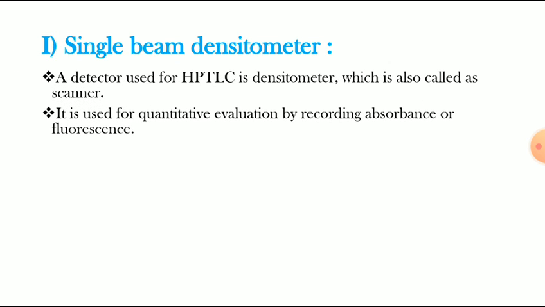It is used for quantitative evaluation by recording absorbance or fluorescence. That means either the sample component absorbs UV light, or after absorbing UV light it will emit fluorescence, that we can identify with the help of this densitometer.